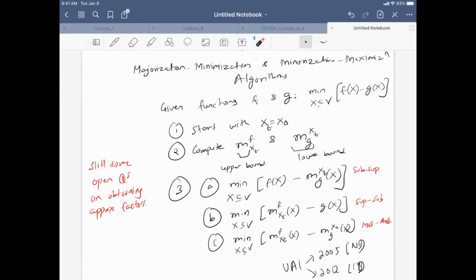Now the question is when do you stop? You stop when your improvement is not significant. You can define an epsilon, so that you want at least epsilon improvement every time, and if you have less than epsilon improvement, then you stop. Based on that, you can also bound the complexity of the algorithm and so on. All of that can be bounded in this case.